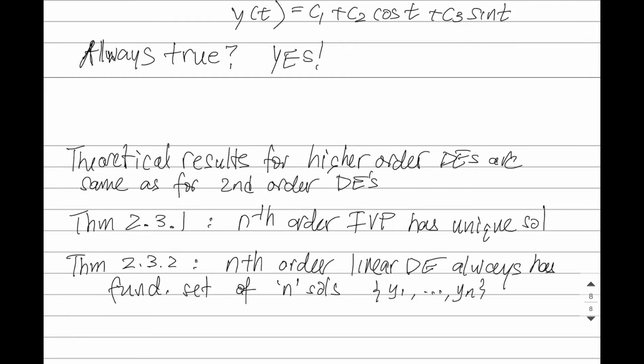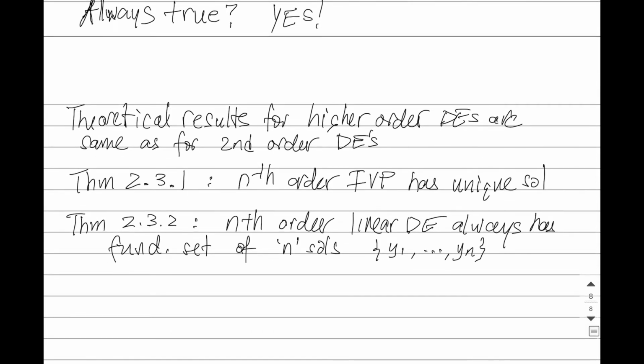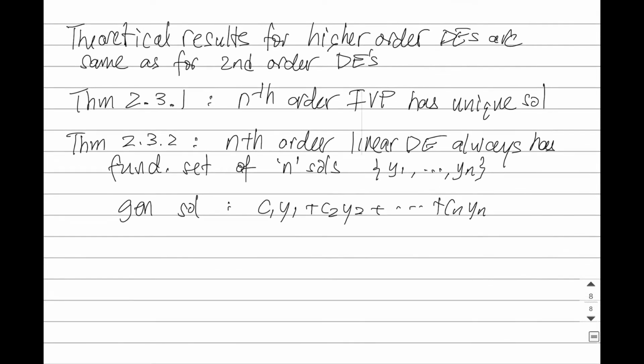A 17th order DE must have a basis of 17 solutions. And you can always write the general solution as C1y1, C2y2, all the way down to Cnyn. So everything ends up being exactly the same in terms of what we expect as it was for the second order case.